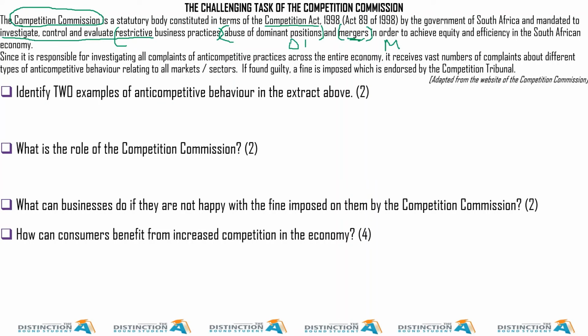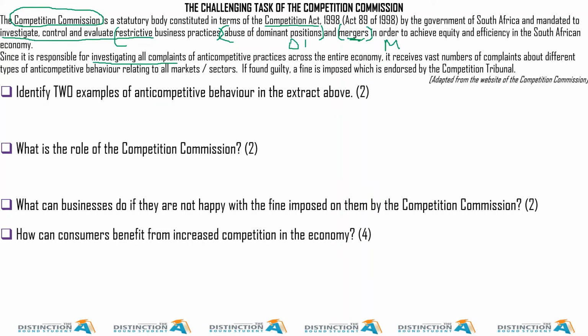In order to achieve equity and efficiency in the South African economy. Now, since it is responsible for investigating all, okay, you see this one, that's a responsibility, investigating all complaints and anti-competitive practice across the entire economy.